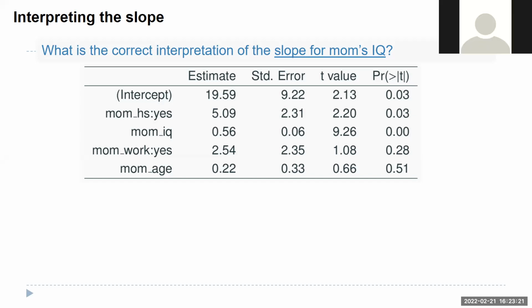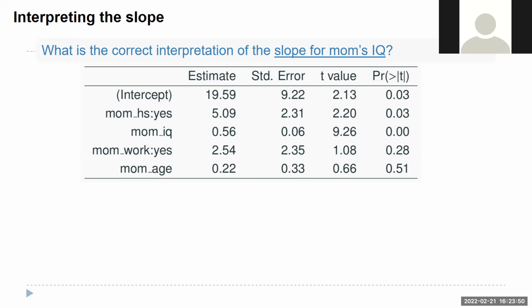The impact of the mother's IQ on the child's performance in the test is not random. It has a significant impact because the probability value here is 0.00. So it shows that this is not happening by chance. If the mother's IQ increases or decreases, it will significantly impact the performance of the child in the test.